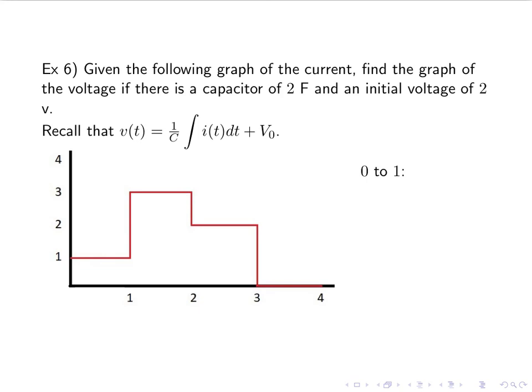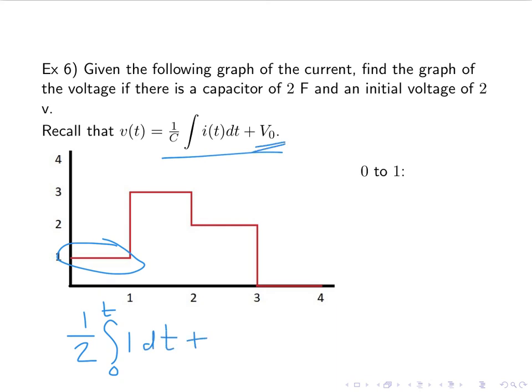So from 0 to 1, our function is the horizontal line 1. So we're going to plug it into this formula here. So c is 2. So we have 1 over 2 times the integral from 0 to t of I of t, which is 1, so integral of 1 dt, plus v naught, which is also 2.